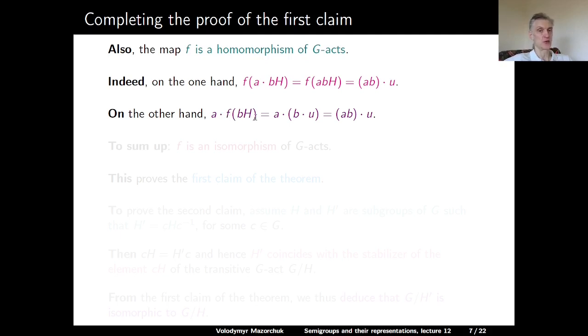And so F is a homomorphism of acts. And then it's bijective and is a homomorphism of acts, so it's an isomorphism of G-acts, and this proves the first claim of our theorem.